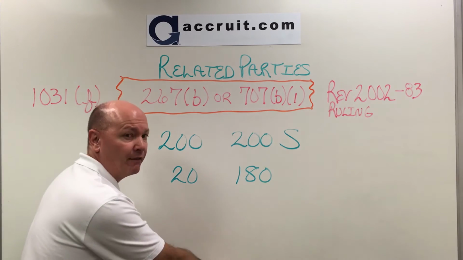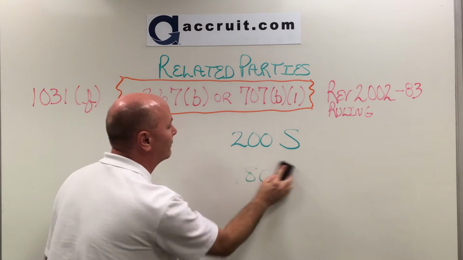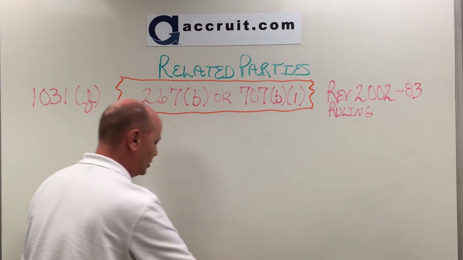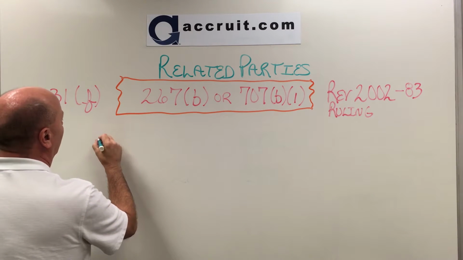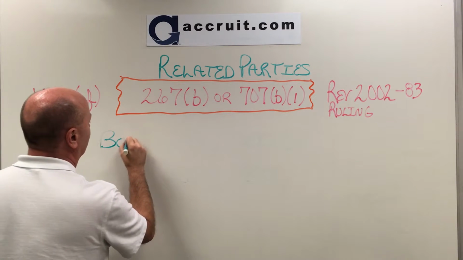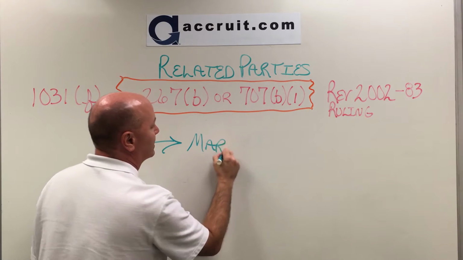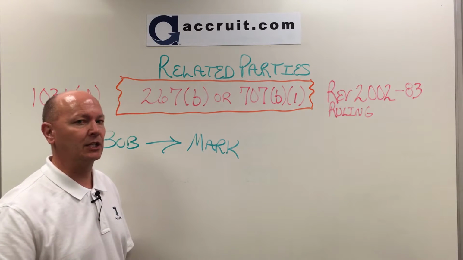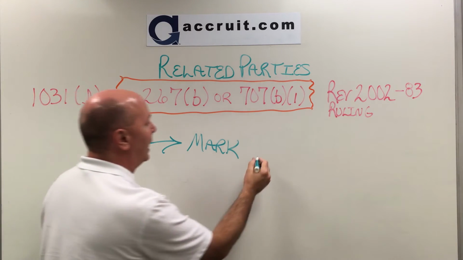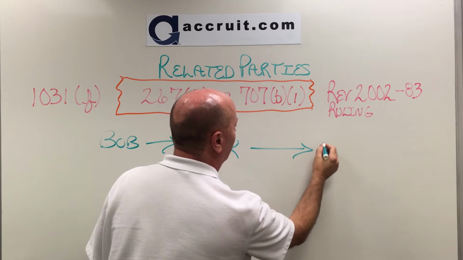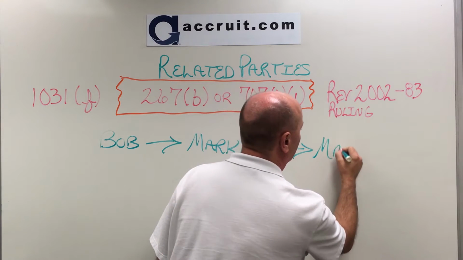Now let's change the facts a little bit to what we would typically see a little bit more of today. And that is a situation where, is it possible for Bob to sell a piece of real estate to Mark and start a 1031 delayed exchange, not a swap, but Bob is selling to Mark, and then Bob ends up buying a piece of real estate from Mary?